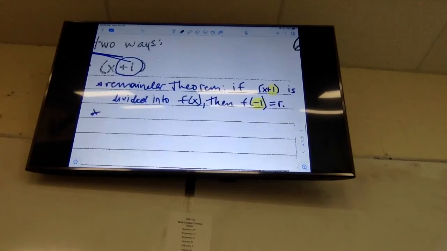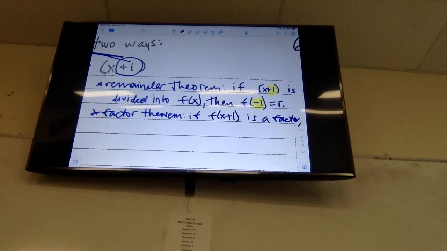Now, a caveat to that is called the factor theorem, which is actually really nice. It's if we're not just dividing, but we know that x plus 1 is a factor of f of x, then its remainder should be 0.